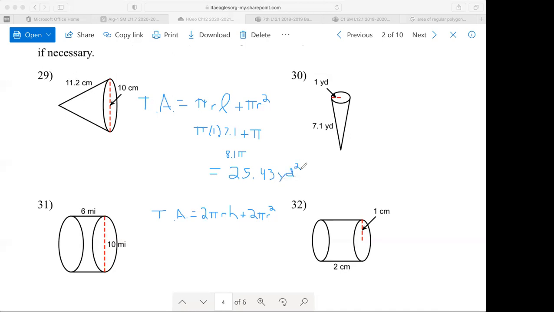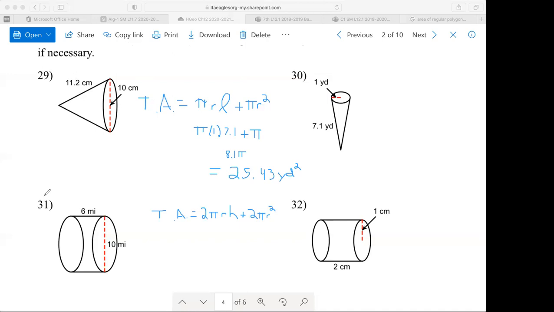I'm literally just trying to type in 3.14 and it's going crazy. I don't know, it's your calculator. You could always hit the clear button and start over. Did you get 25.43? I fixed it, yeah.